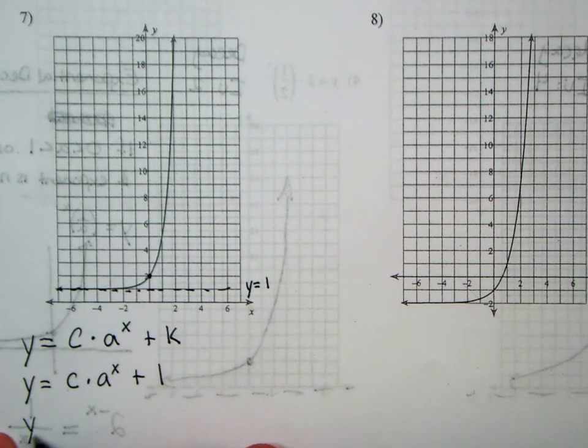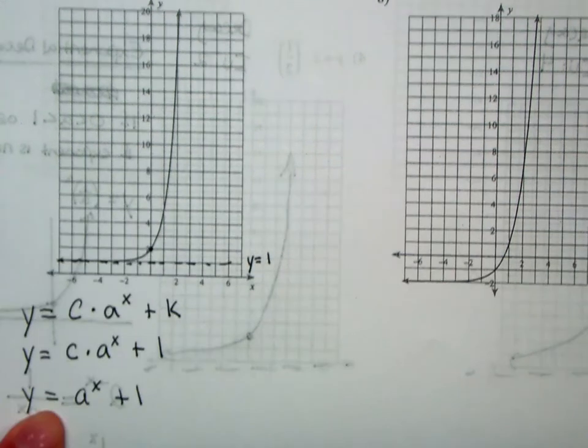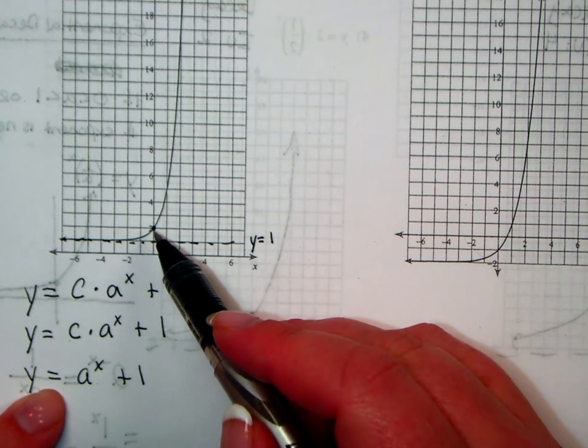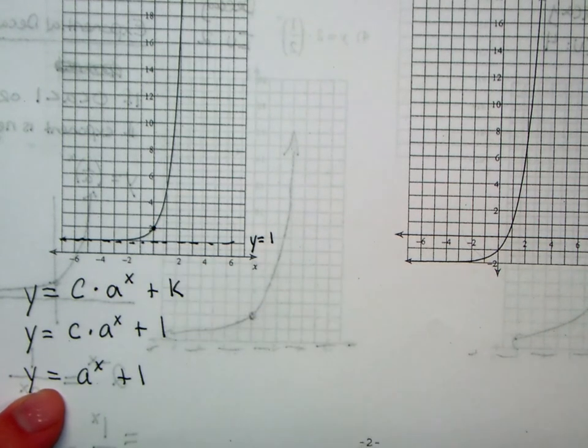So I get y equals, I'm not even going to write it, because 1 times a to the x is a to the x. So now I have a to the x plus 1. What we really need to be able to find is the base of this exponential function. So don't take the y-intercept, take some other point on this graph.